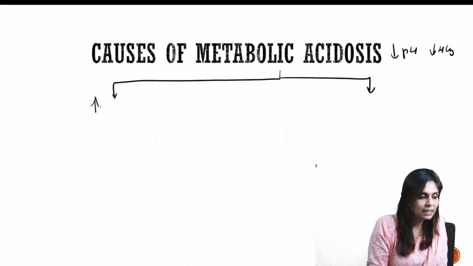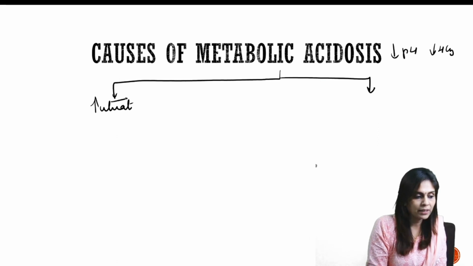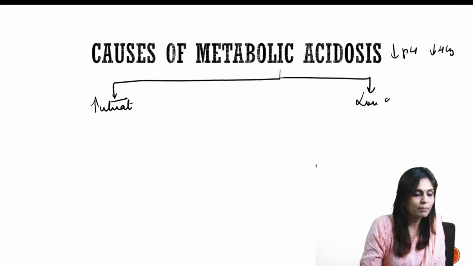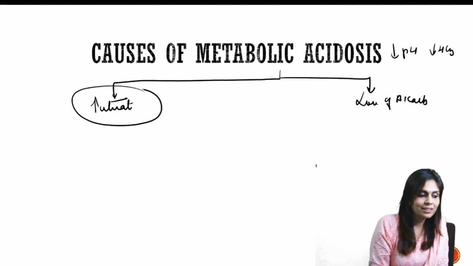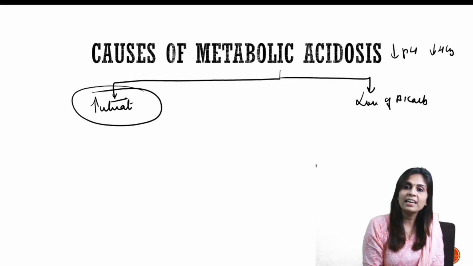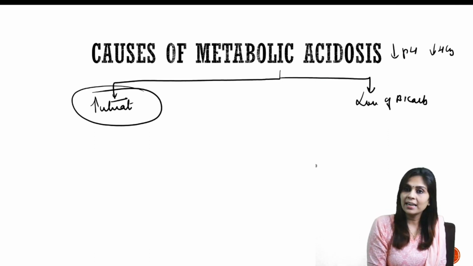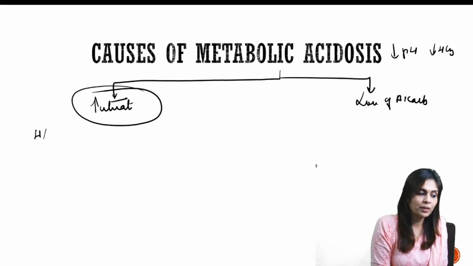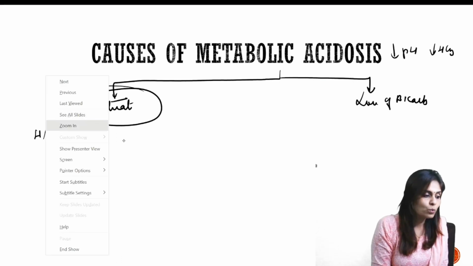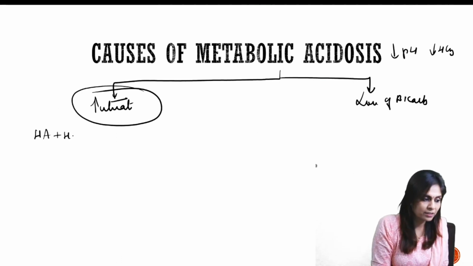One is increased utilization of bicarbonate, the other one is loss of bicarbonate. So when will there be utilization of bicarbonate? Whenever any abnormal acid gets generated. Whatever may be the acid that gets generated, we are going to represent it as HA. That would react with bicarbonate to form H2CO3 and A minus.